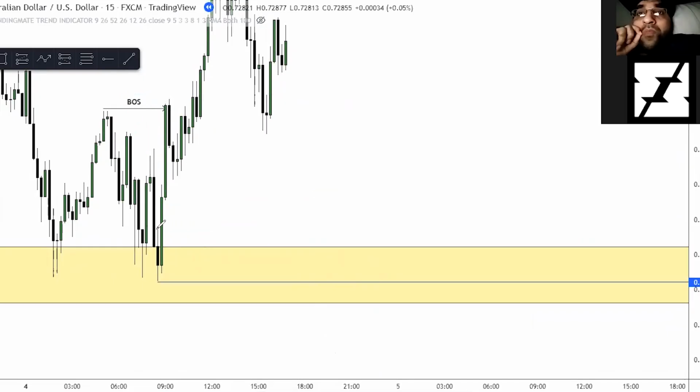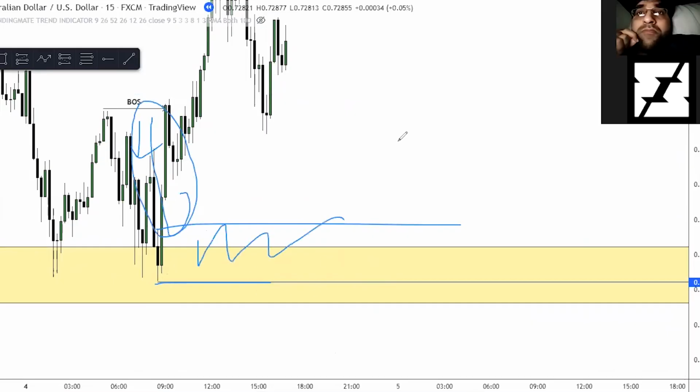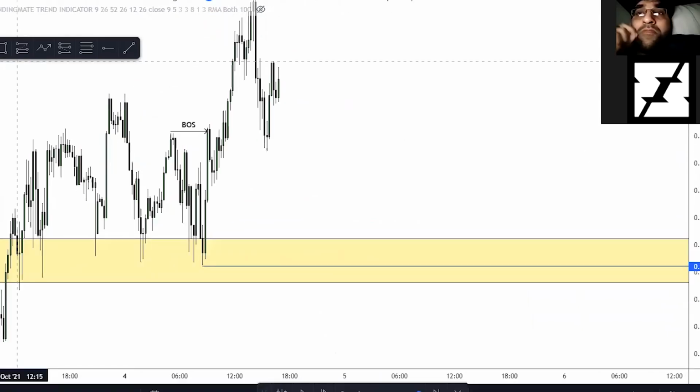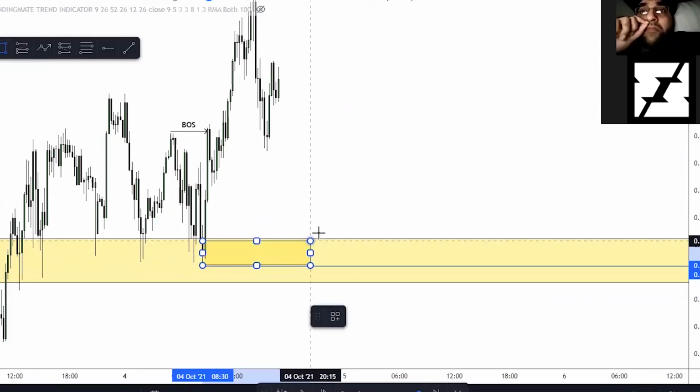As you can see here, we got a very good POI right here because it's below the break of structure line, has an impulsive candle, and is also near or inside the key level. So this will be the 15-minute POI that I would choose.